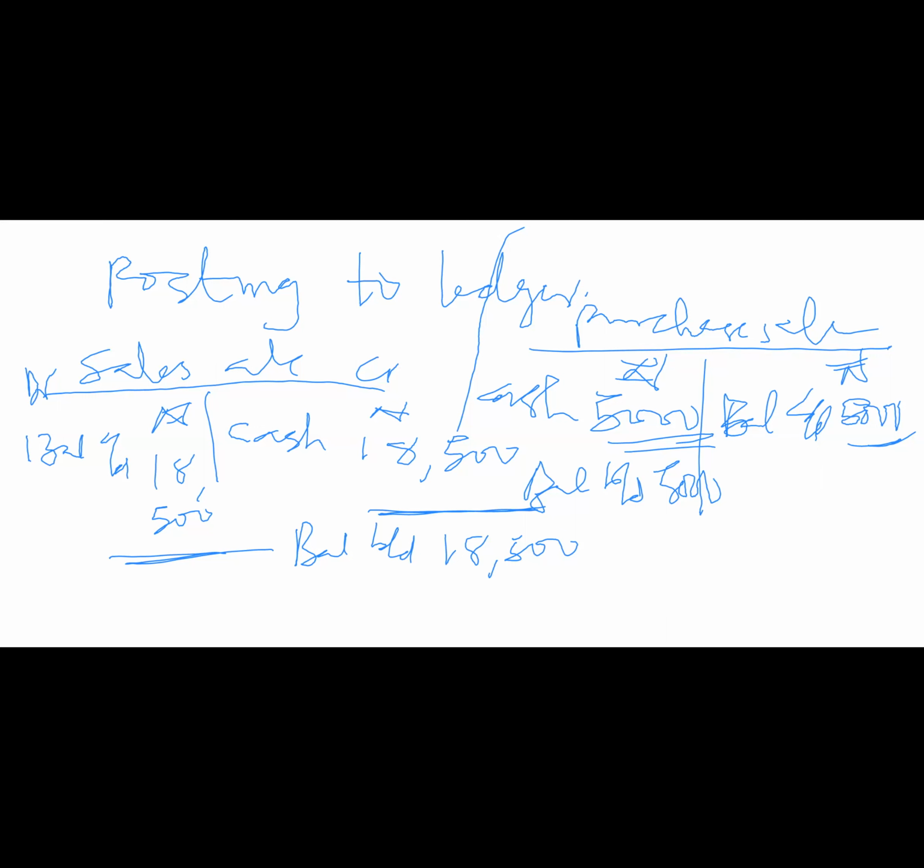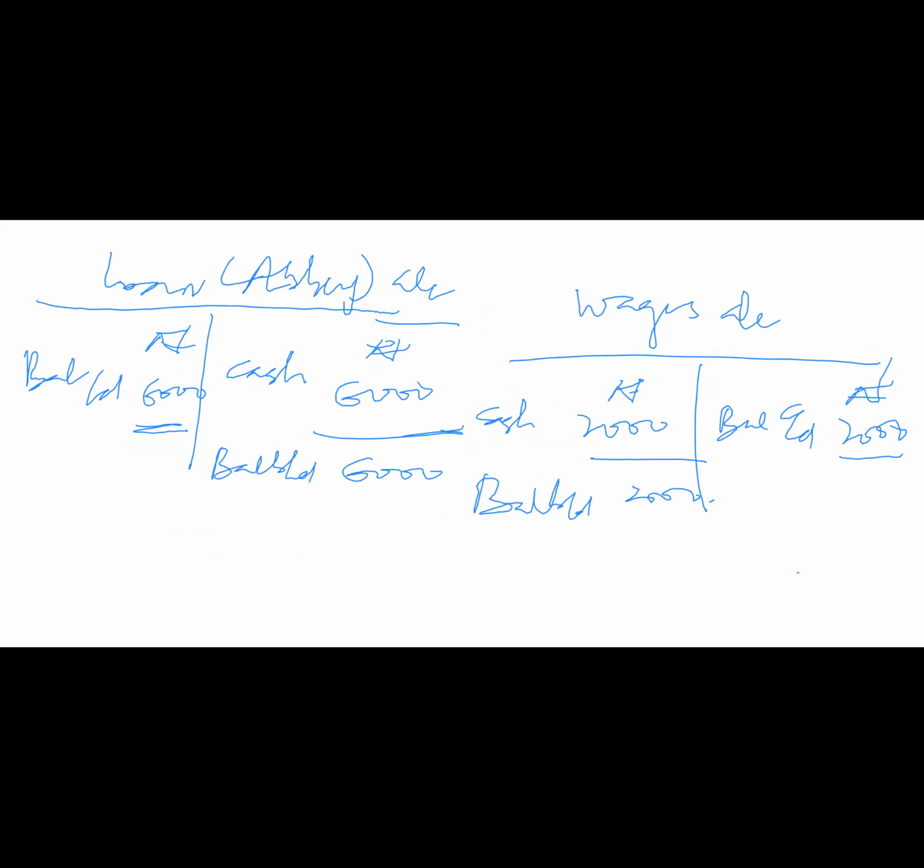Then the next one is loan. We said we received a 6,000 naira loan. And if you look at it now, we posted the loan to the credit side of the trial balance.